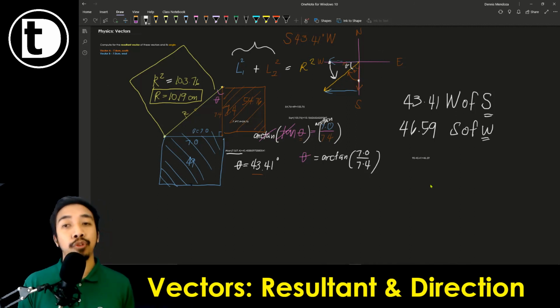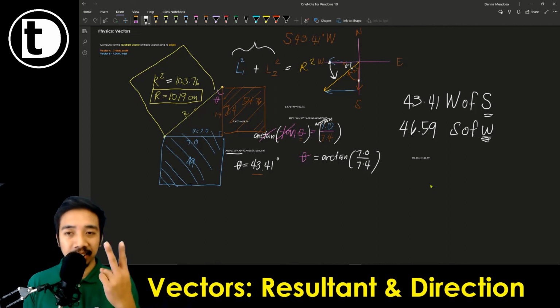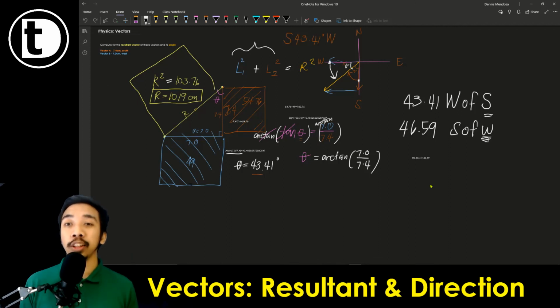So this is the 46.59 from west. That's the second letter, and the first letter is where you are going to. Since we're going from west to the south, we place S as the first letter. There are a lot of different ways to write your direction. You can just choose. It's up to you.